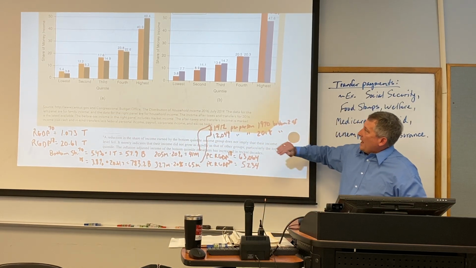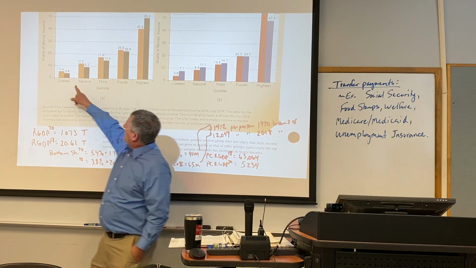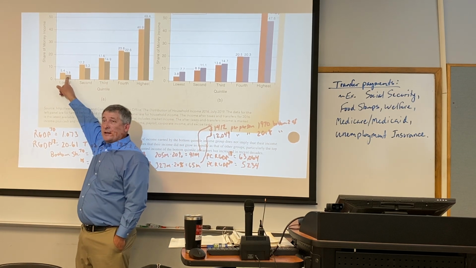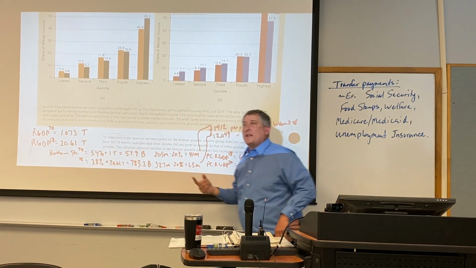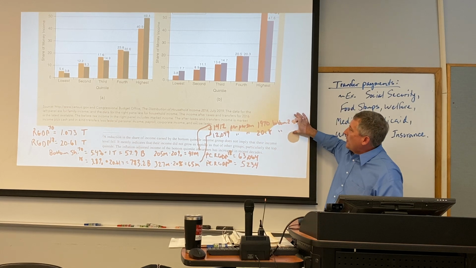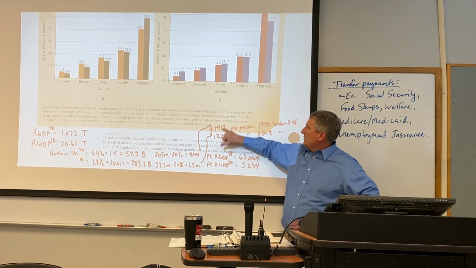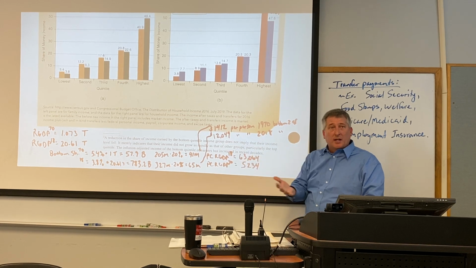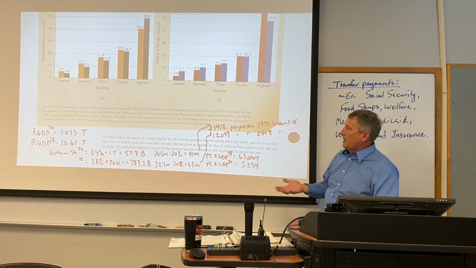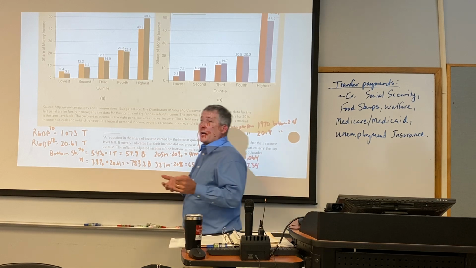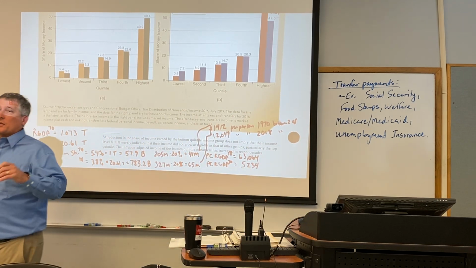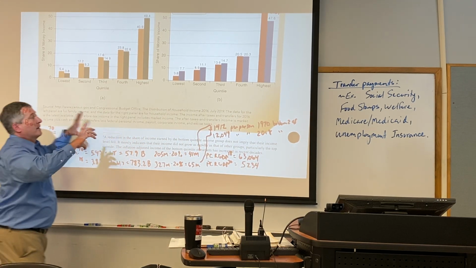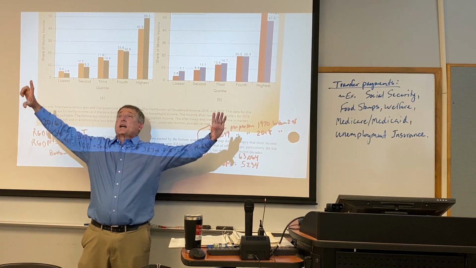So yes, we have a drop in the 3.8, but the well-being, the purchasing power of the bottom 20% has increased quite a bit in terms of the number of goods and things that their income can buy. So I think this is a reflection of thinking about the size of the pie.